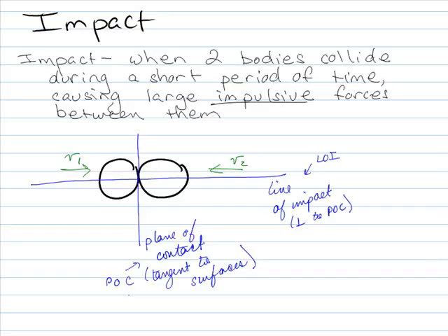Now, I drew my velocities in like this, but this actually applies no matter how they come in. If this one's coming in like this, and this one's coming in like this, they're not parallel, they're not perpendicular, they're just arbitrary velocities coming in any given way. However you want to draw it is fine, but make sure you know that those velocities can be anything. What we want to look at for the plane of contact is that it's tangent to the surface.